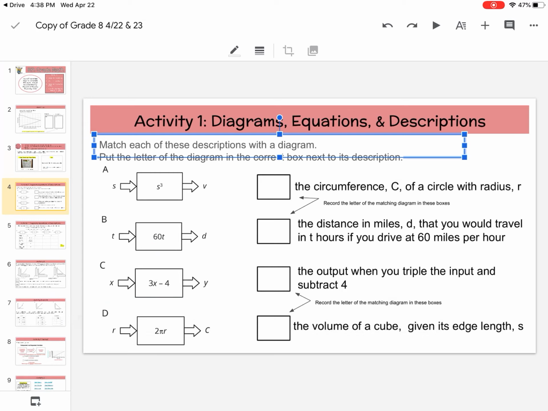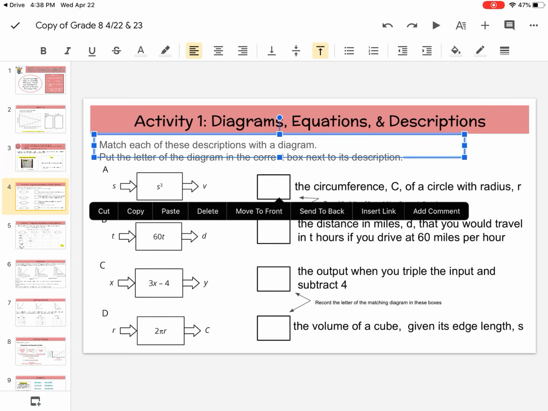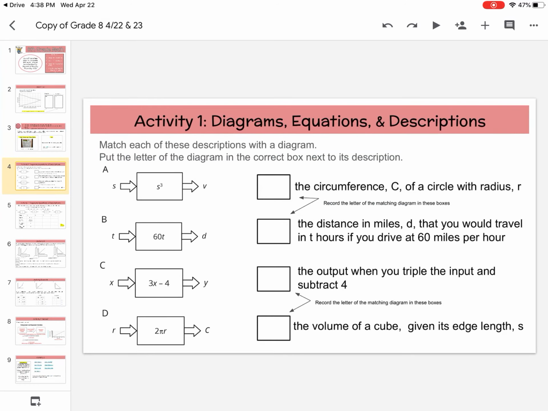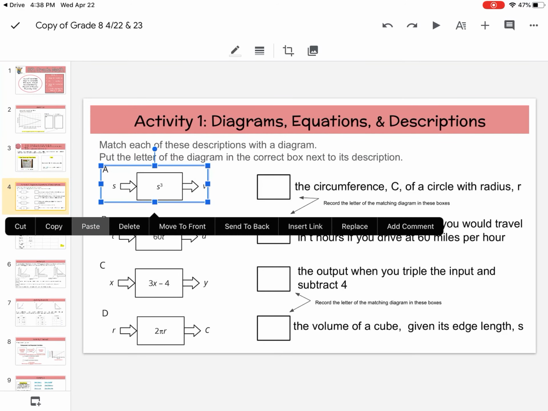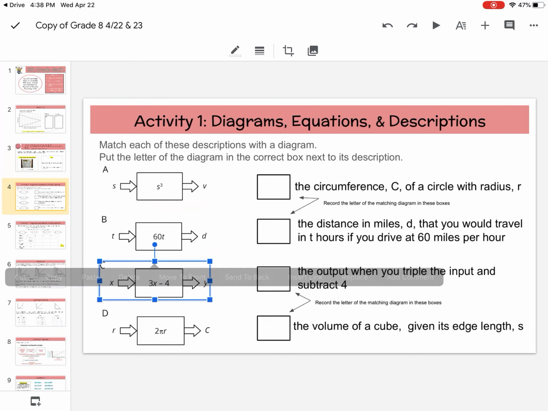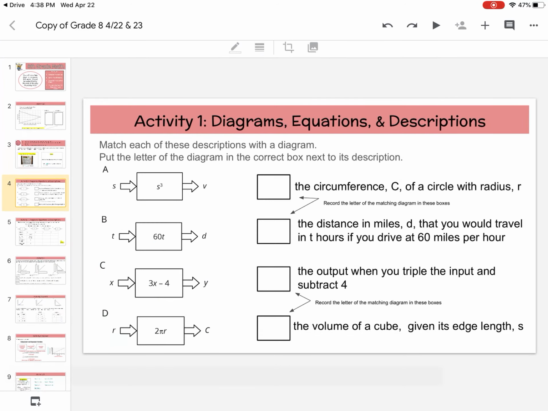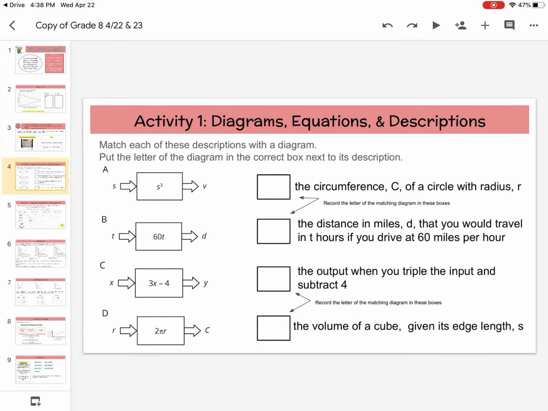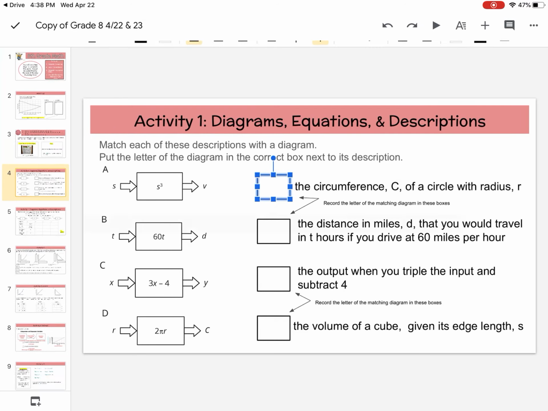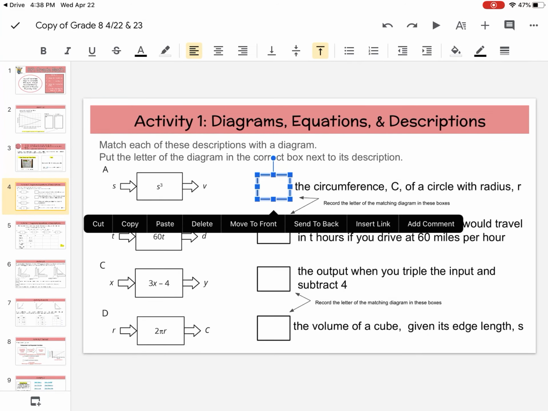All of these diagrams on the left side are labeled A, B, C, and D. Your job is to take those letters and put them in the boxes next to the description that matches it.